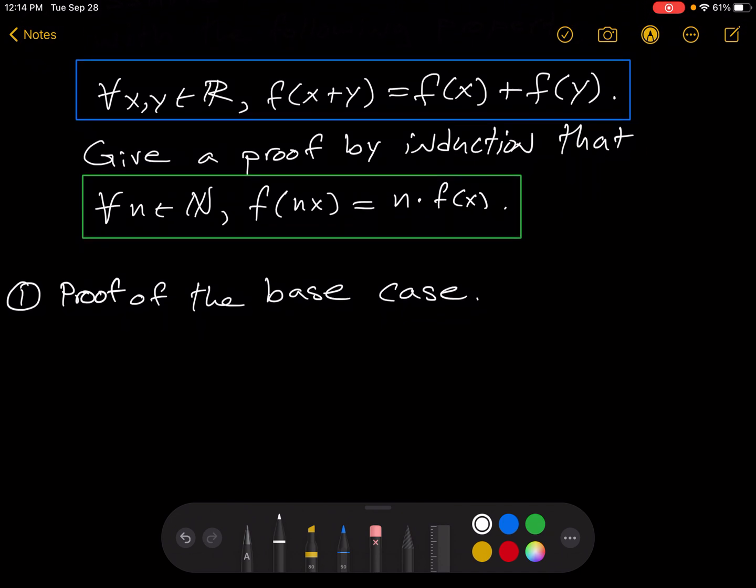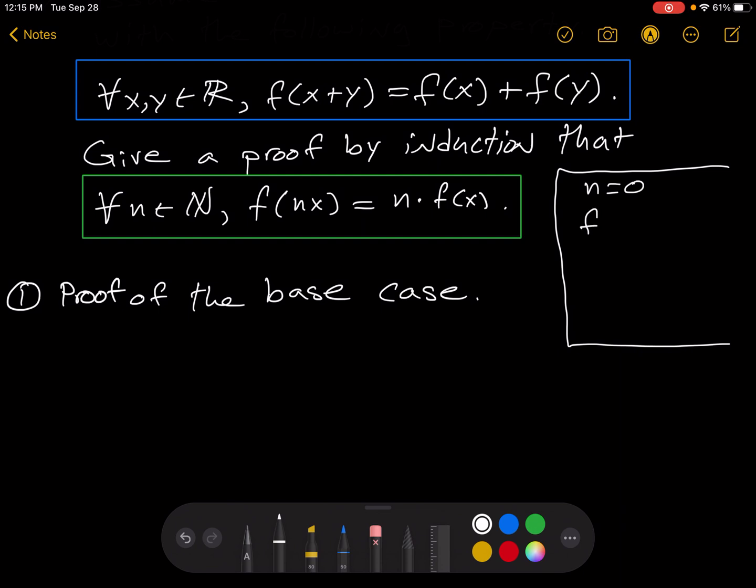So now first let me prove the base case. Off to the side here, first let's just talk about what we're trying to do. The base case, we're trying to prove it for all n in the natural numbers. The first natural number is n equals 0. So we're trying to prove this thing in the green box for n equals 0.